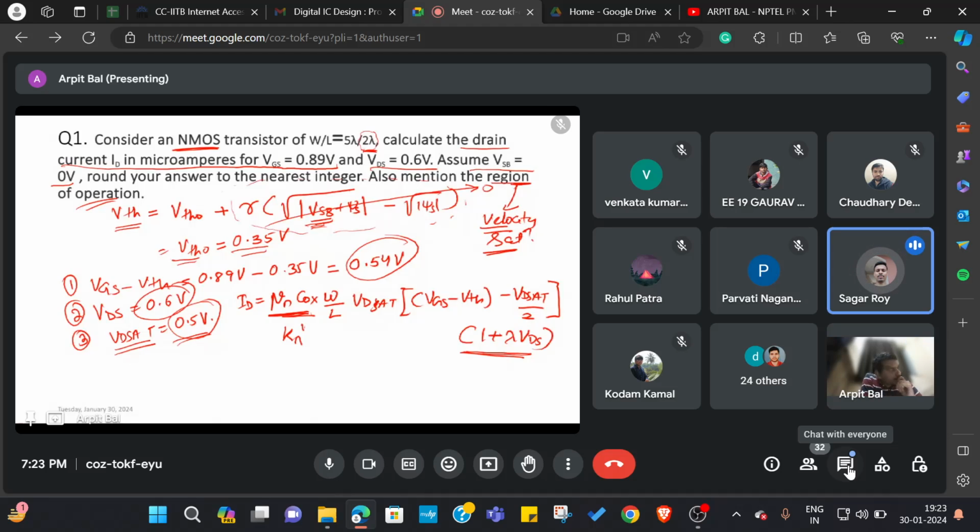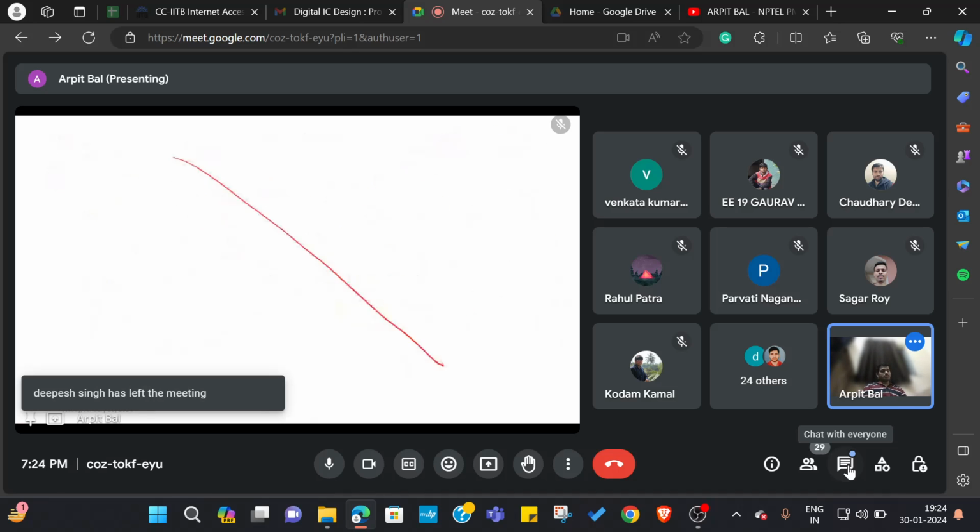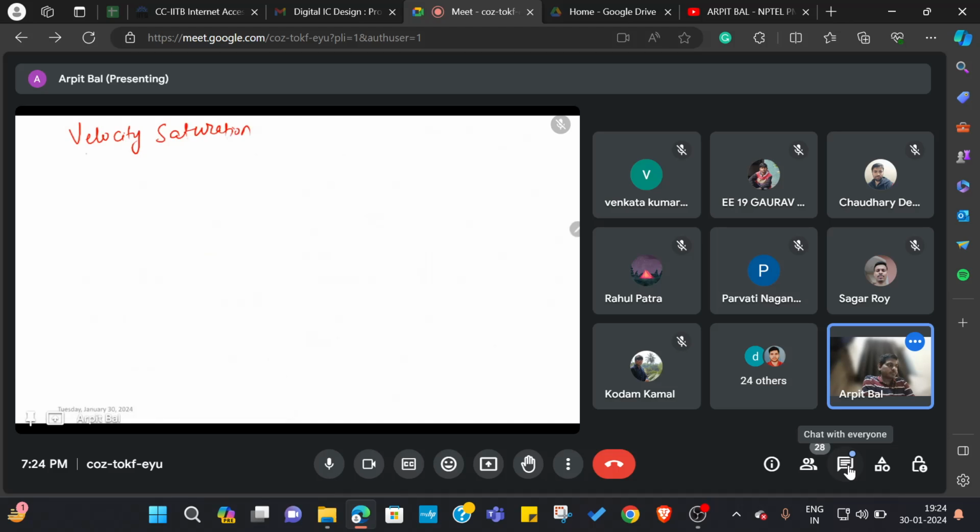Sir, can you explain the velocity saturation part one more time? Yeah, sure. So you know that E is equal to VDS by L, where E is the electric field.